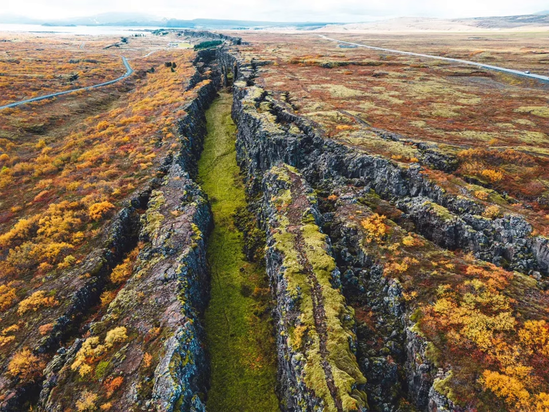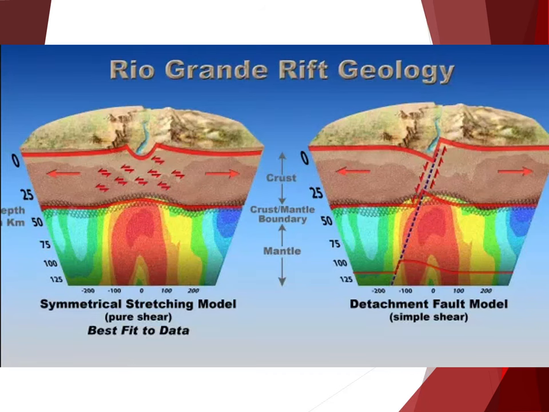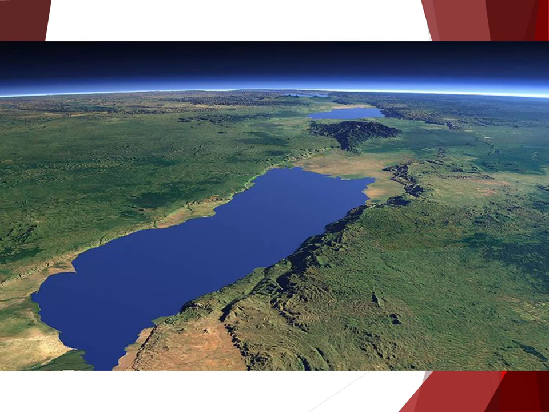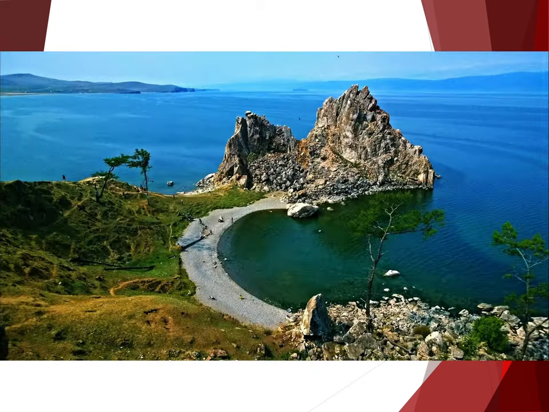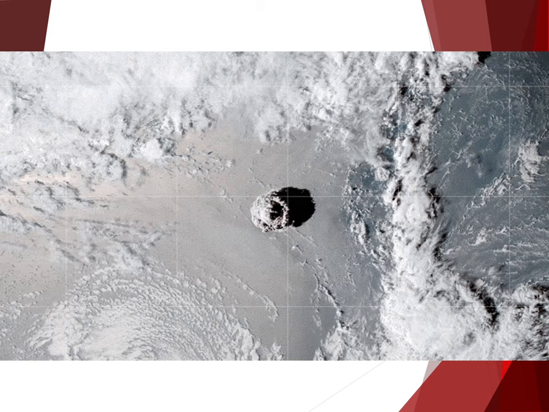Examples of failed rift valleys converted to river valleys include the Red Sea in eastern Africa, the Rio Grande Rift Valley in southwestern United States and Mexico, and the Niger River Valley in western Africa. Rift Valley lakes are also common. Examples include Lake Baikal in Siberia and Lake Superior in North America as well.